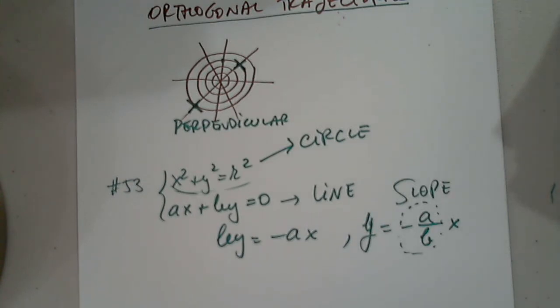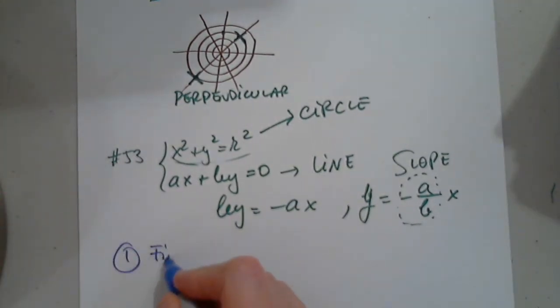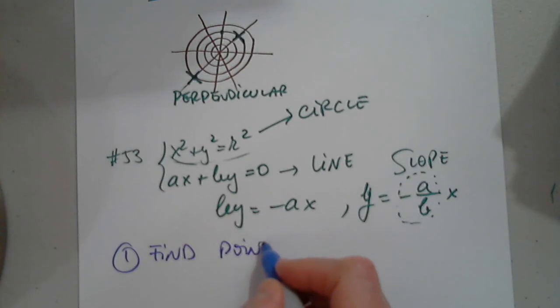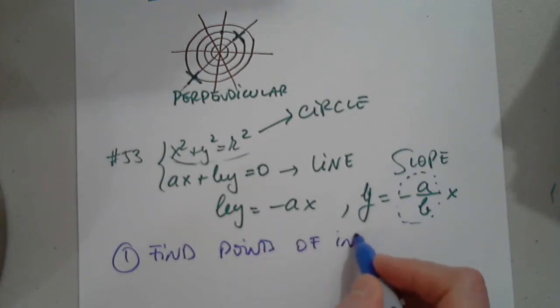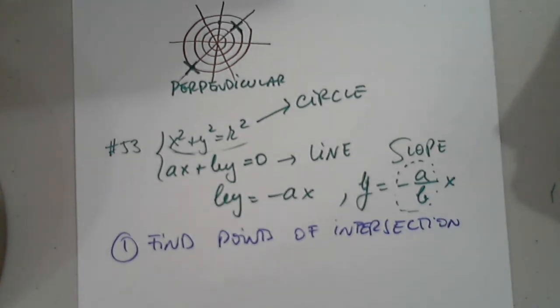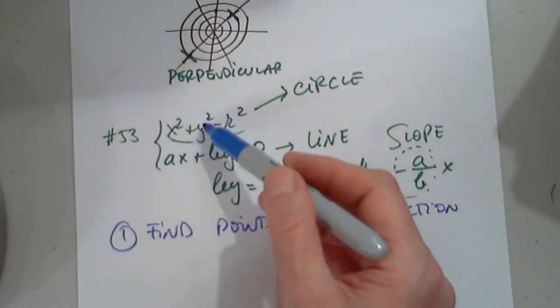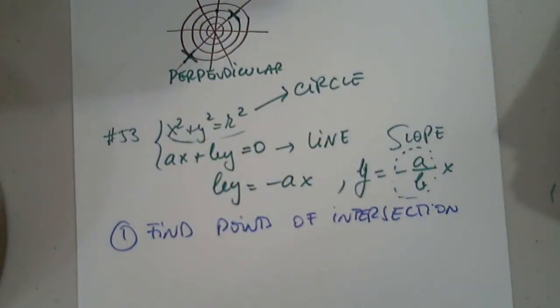So what I recommend is, number 1, find the points of intersection. How do I find the points of intersection? Where they intersect. How do I find that?